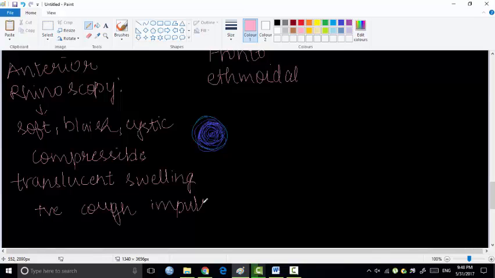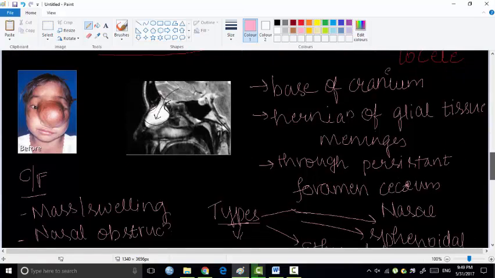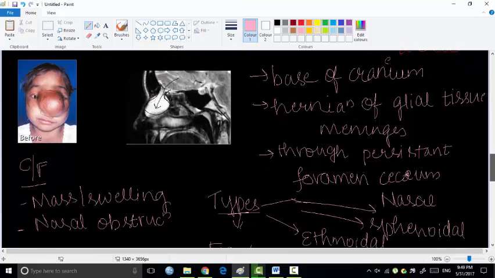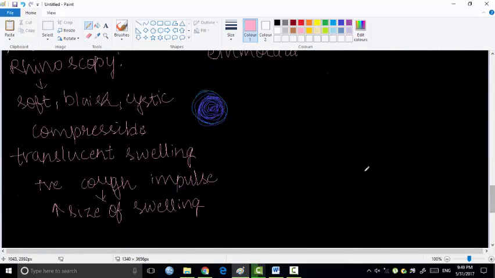If the patient coughs, there is increased size of the swelling, right? So this is seen in anterior rhinoscopy: a bluish, cystic, compressible, translucent swelling.